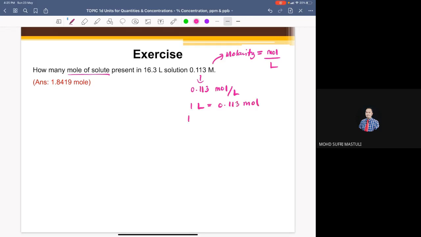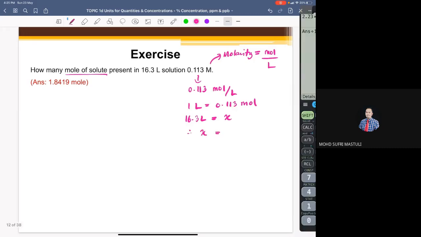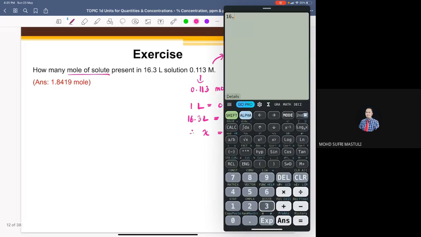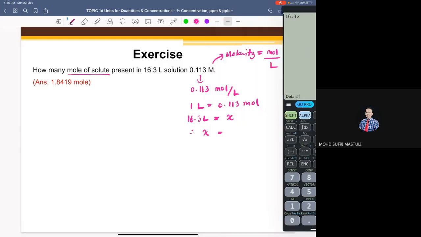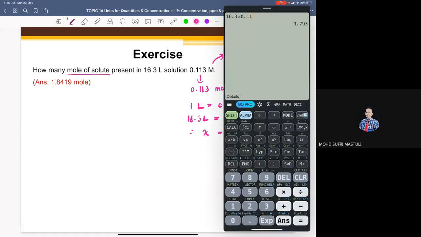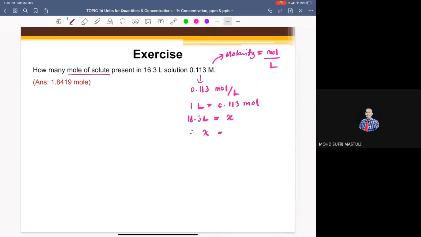So if you want 16.3 liter, how many mole should X be? 16.3 times 0.113 divided by 1. So 1.8419 mole. Okay, seems good for this answer.